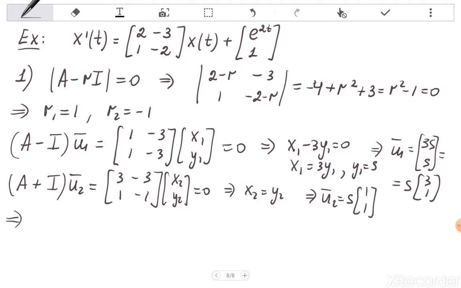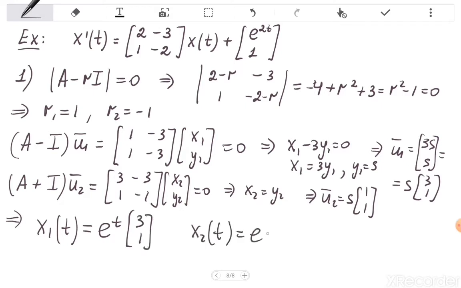So what is the fundamental matrix? We first have to write two solutions, right? The first solution is e to the power of the first eigenvalue times t, times the first eigenvector 3, 1, and x2 is e to the minus t, the second eigenvalue, times the second eigenvector 1, 1.